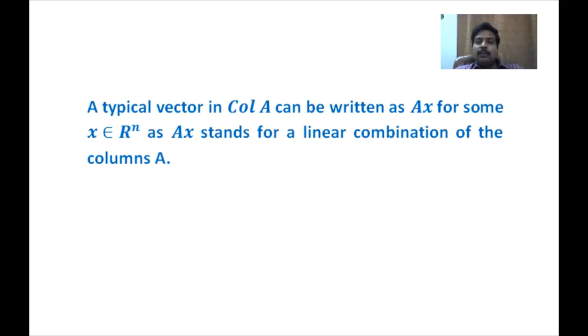So you have to multiply with some matrix with n rows, so that the multiplication is compatible. So Ax stands for a linear combination of columns. If you multiply A with some vector x, you will get a linear combination of columns of A.